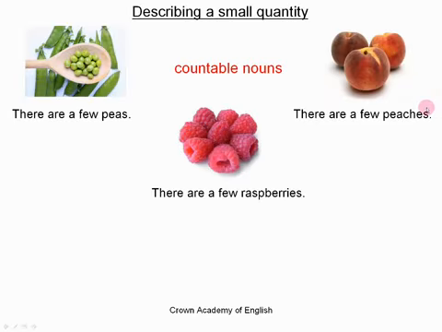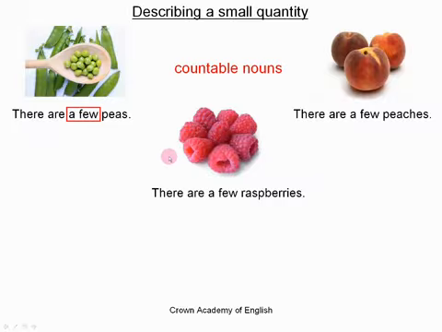A countable noun is a noun that is a separate object. We can count a countable noun. Countable nouns can exist in the singular or the plural. Okay, that is very important. Here, of course, they are all in the plural.